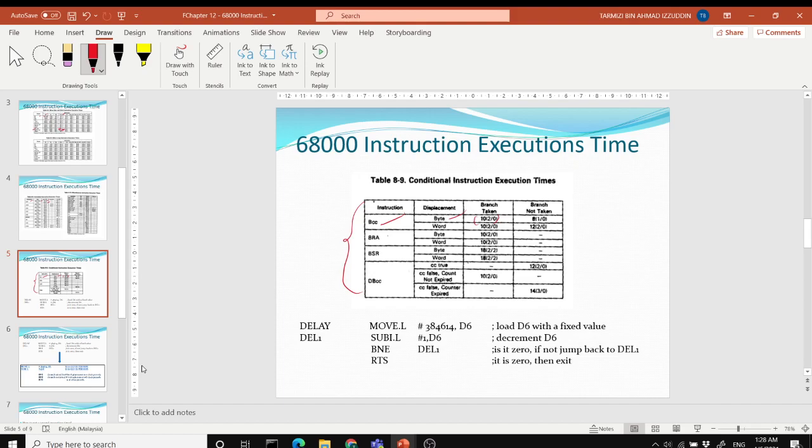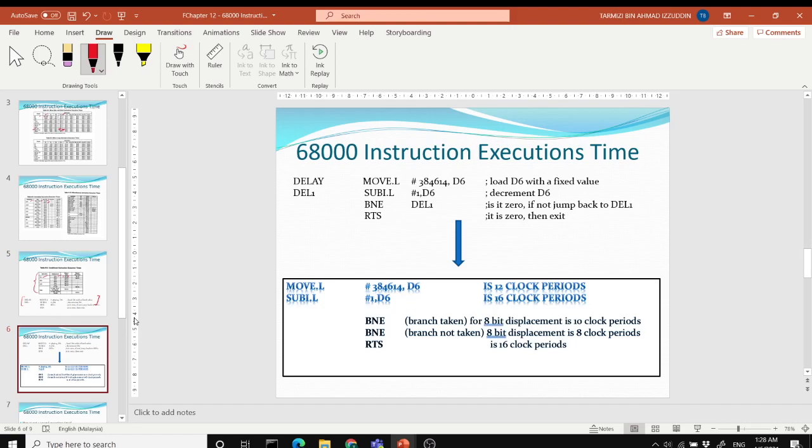Let's say you have this particular subroutine over here, and you want to calculate the execution time of this particular subroutine. So we're going to do that. The way we do that is, first you need to see from the data sheet, the table just now. For example, the move instruction, load D6 with this number, how many clock periods does this require?